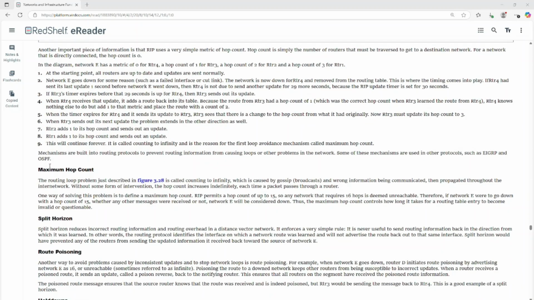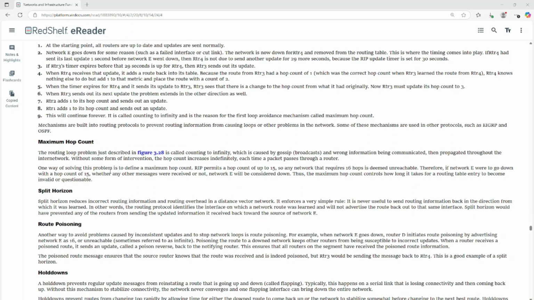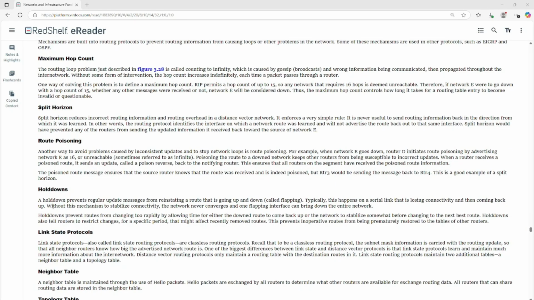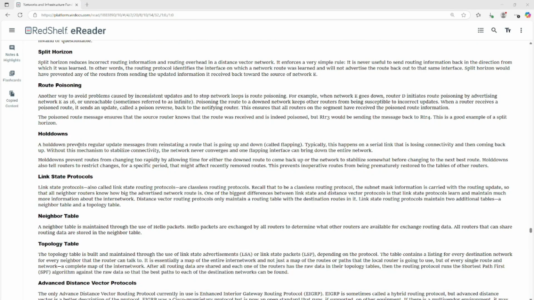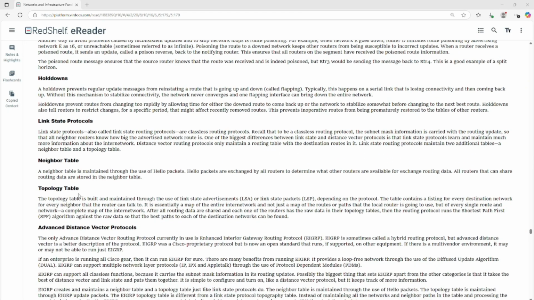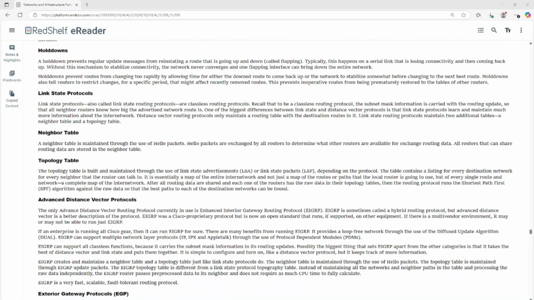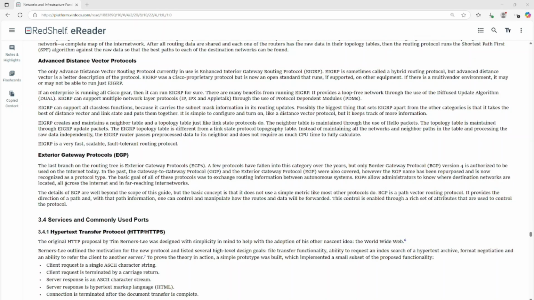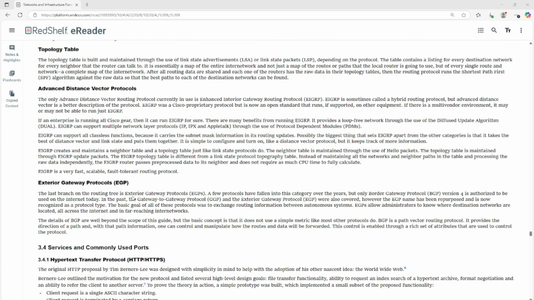Go into detail and read about the maximum hop count, split horizon, hold downs, link state protocols, neighbor table, topology table, which of course we talked about, advanced distance vector protocols, and external gateway protocols. You can read that for a better understanding of this course.